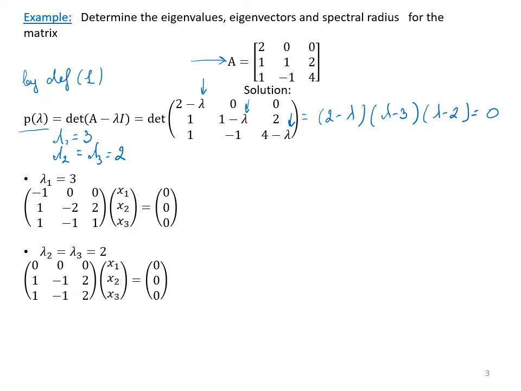We found the eigenvalues. Now let's find the eigenvectors. By definition 2 from the previous slide, an eigenvector x1 corresponding to the eigenvalue lambda 1 is a solution to the vector matrix equation. Let me write down this equation: A minus lambda 1, which is 3, multiplied by the identity matrix, and x1 equals 0.